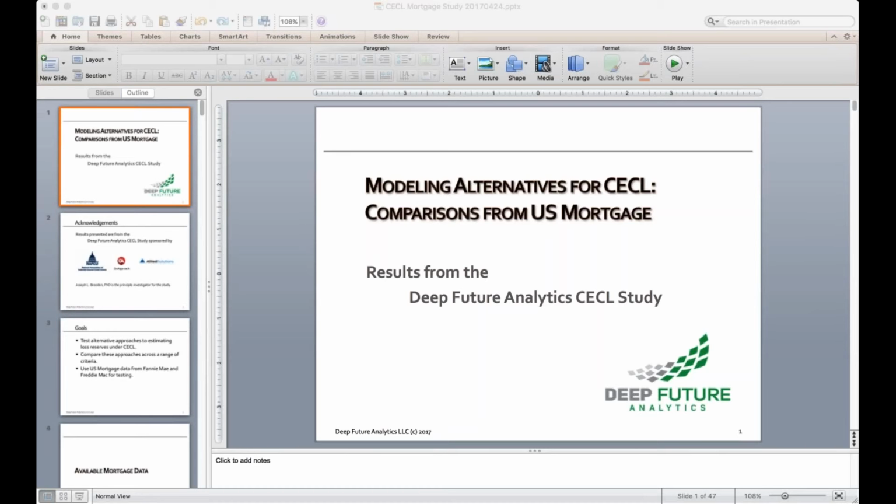For IFRS 9, the adoption is ahead of where we are with CECL, and so for European banks in particular, they've mostly standardized on a 24-month foreseeable horizon. And I would imagine most U.S. banks will do something similar. But this is actually not specified in the guidelines.